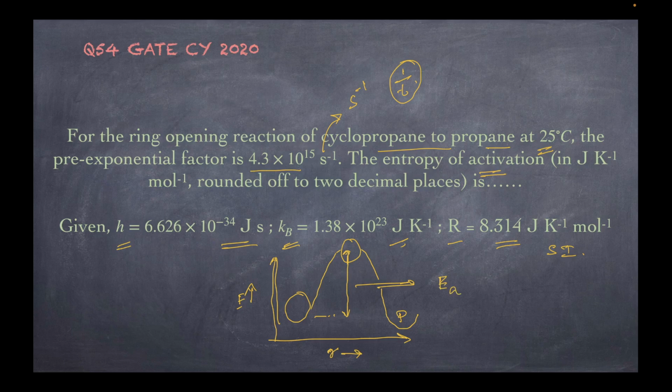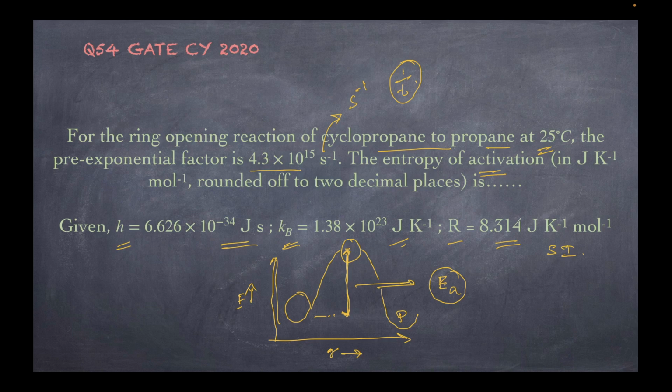Now this is called an activated reaction because the activation energy, EA, has to be greater than the thermal fluctuation happening at the reaction temperature, that means 25 degrees centigrade in this case.